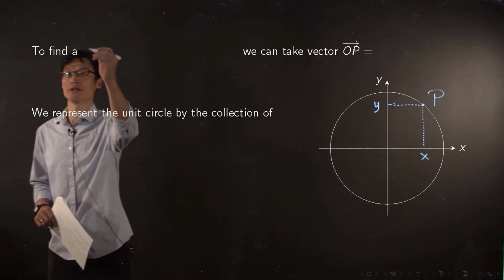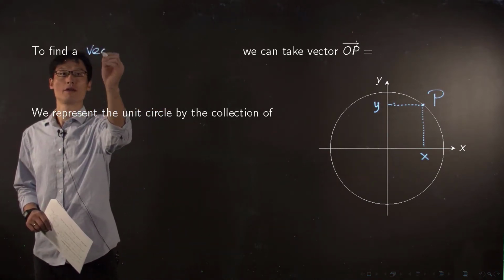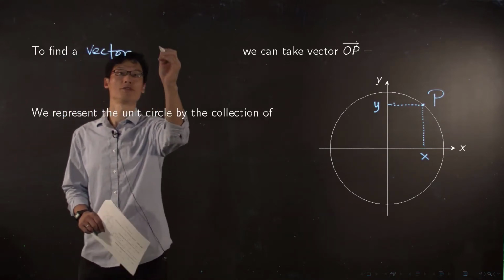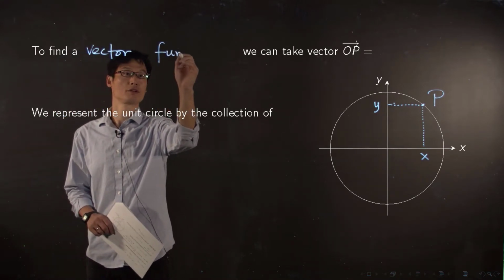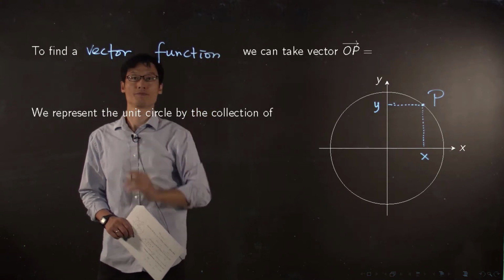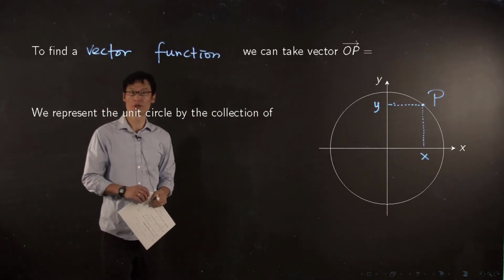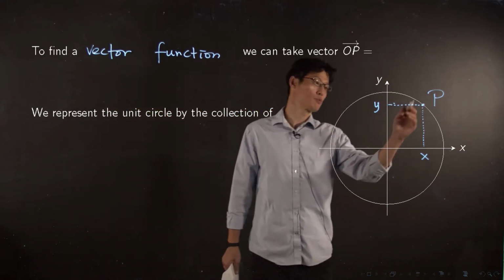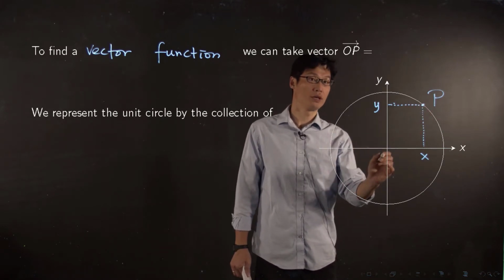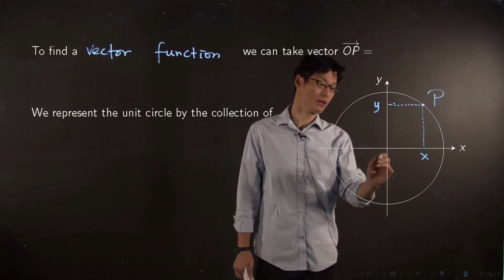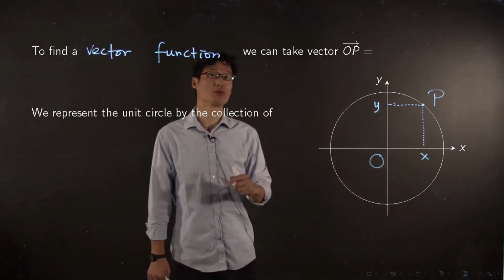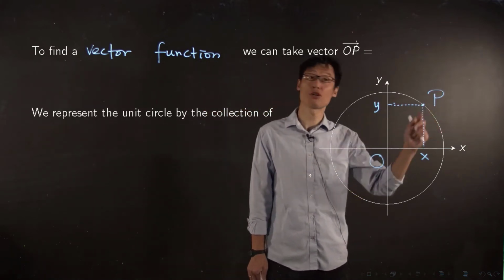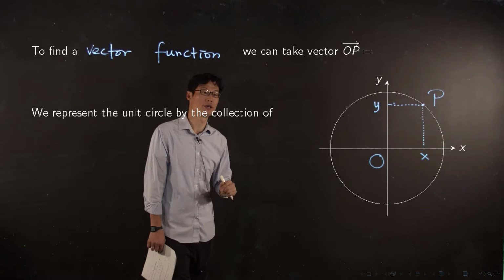Okay, so we can continue to find a vector function for the unit circle. Well, the idea is nothing new. Again, for this point P, we can take vector OP. In the previous slide, we expressed this point P in terms of cosine and sine.